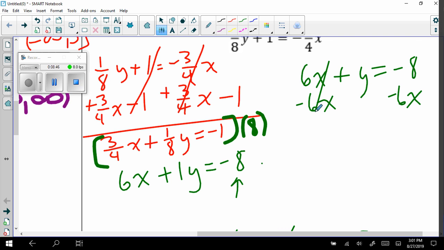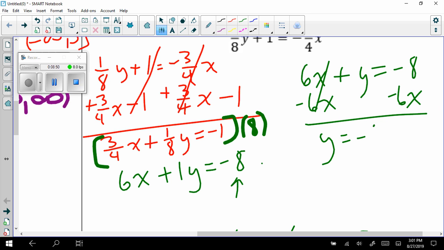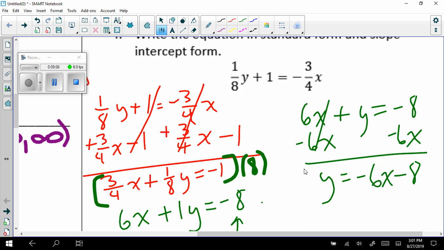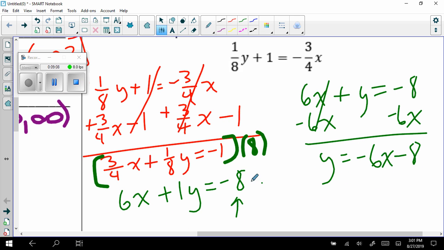Worked out nicely. And that's my slope-intercept form. Again, pause if you need to, rewind and rewatch.